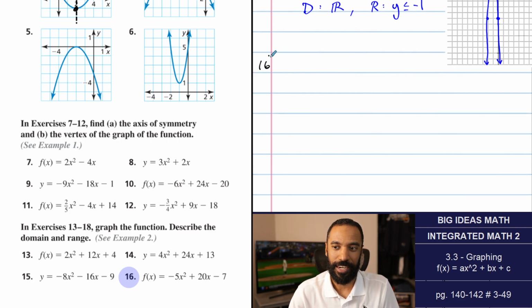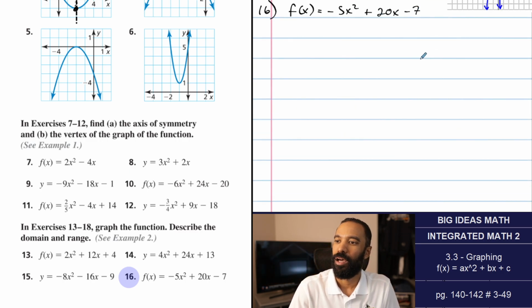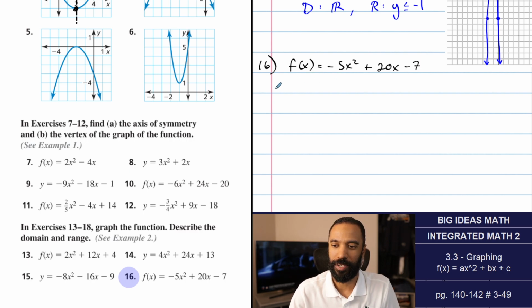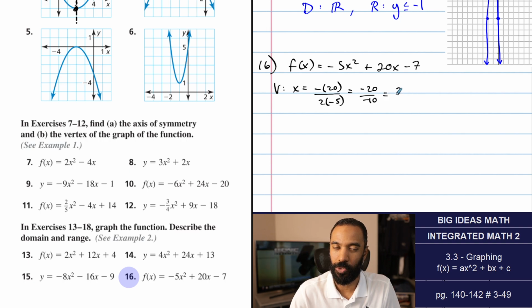And then, number 16, we have f of x equals negative, I wonder how extreme they get next. Negative 5x squared plus 20x minus 7. Okay, so for this one, the x value of the vertex is at negative 20 over 2 times negative 5, which is negative 20 over negative 10, which is positive 2. Yes, positive 2.